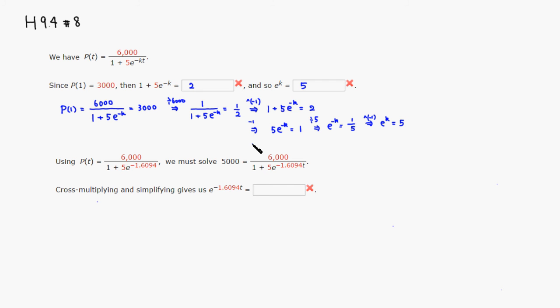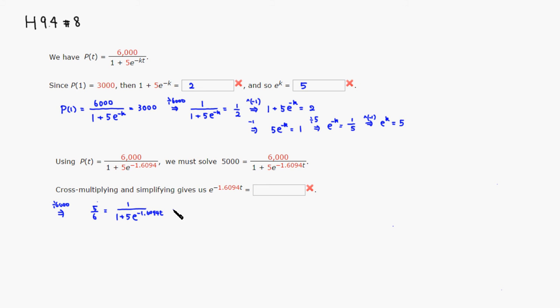First thing I would do is divide through by 6,000. That gives us 5 over 6, knocking out the 3 zeros, equal to 1 over 1 plus 5 e to the negative 1.6094 t.